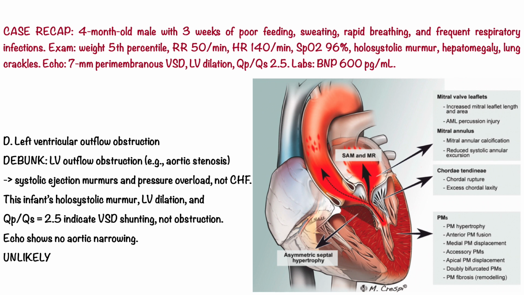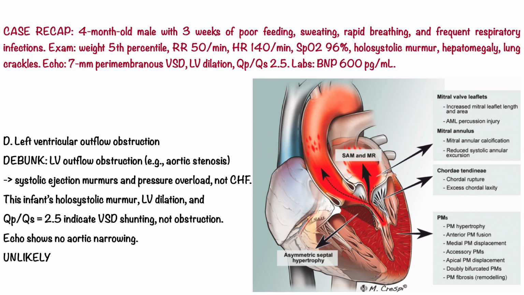Also, I have attached a picture in here, showing mitral valve leaflets. There can be increased mitral leaflet length and area, and also AML percussion injury. And in the mitral annulus, there can be mitral annular calcification, reduced systolic annular excursion, and chordal changes. There can occur chordal rupture, excess chordal laxity.